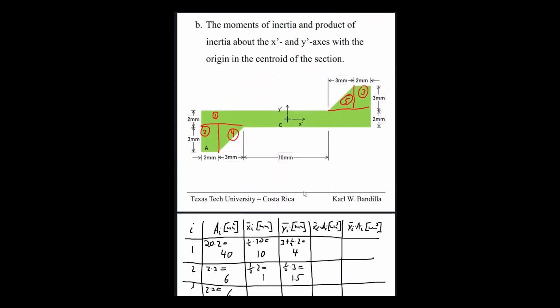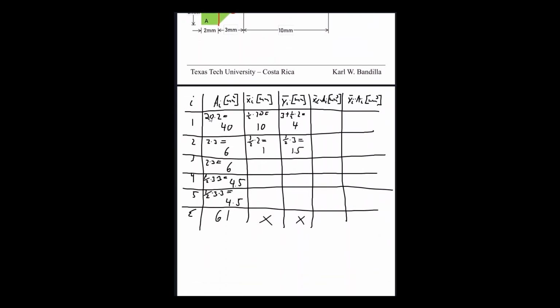Now for the one over here, in the x direction, I have to add 18. So I have 18 plus 1/2 times 2, so that is 19.